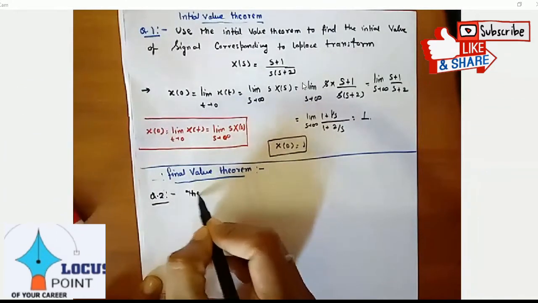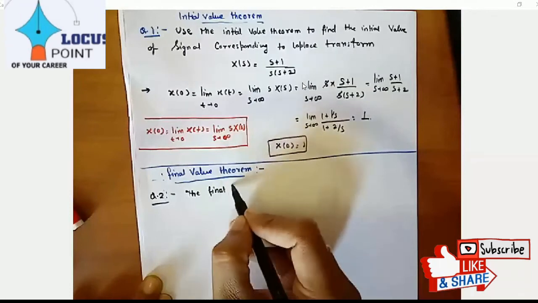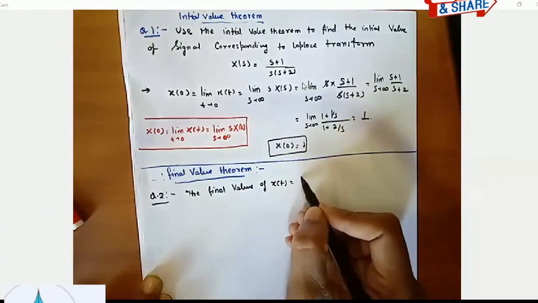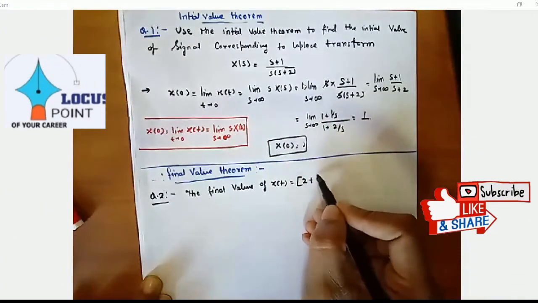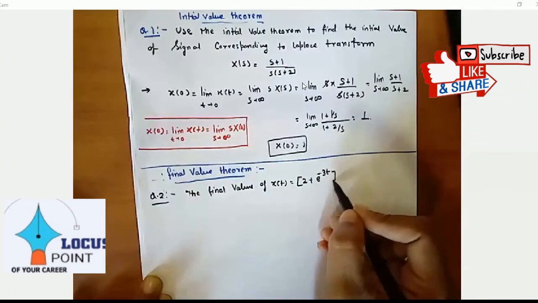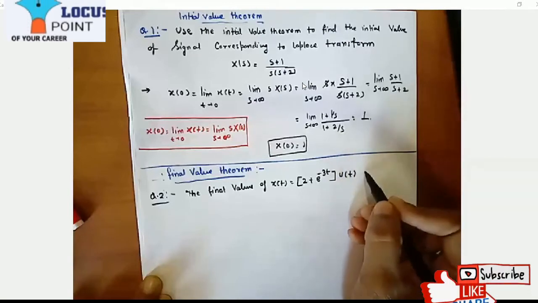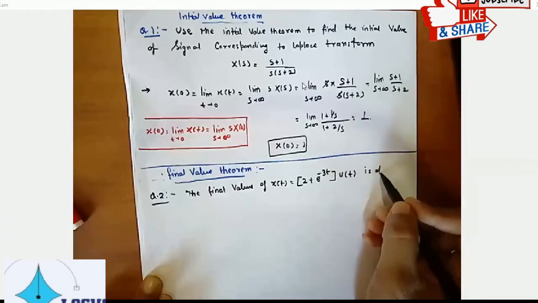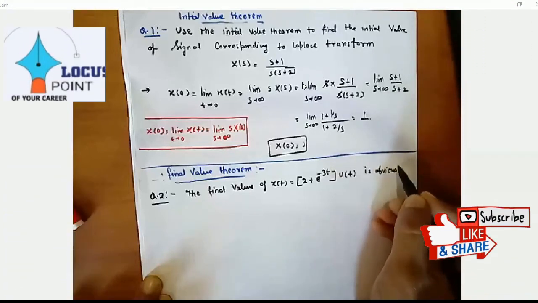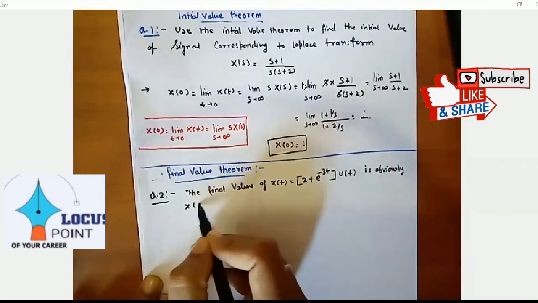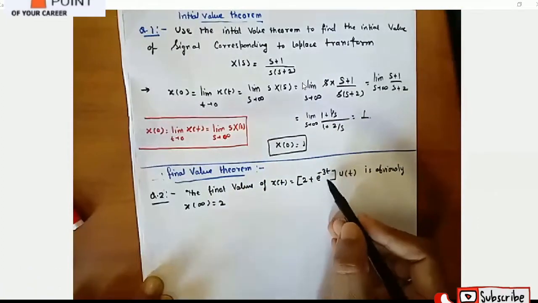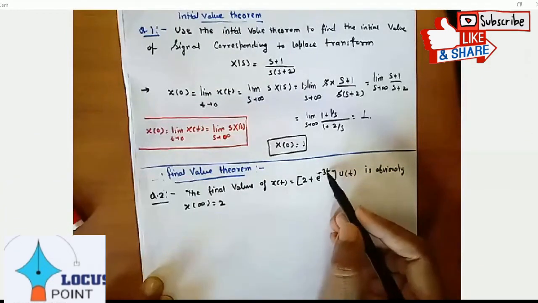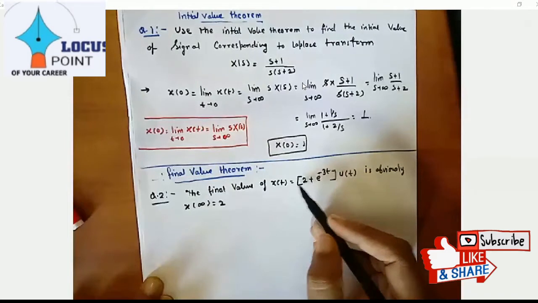The final value of x of t, that is (2 plus e to the power minus 3t) u of t, is obviously x of infinity equal to 2, because when you put t tends to infinite, the unit step function will always remain 1, and e to the power minus infinity will be 0, so the result will be 2.